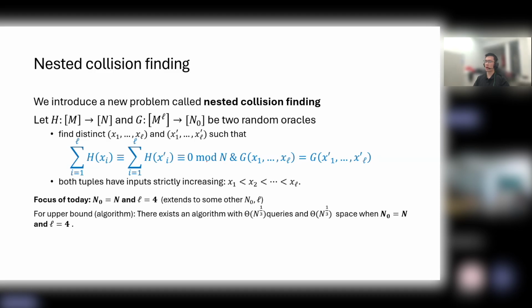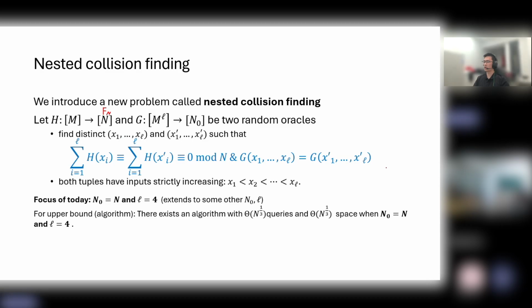You can think of this as a field F_N, where you can add. The sums of these two tuples under H are 0.